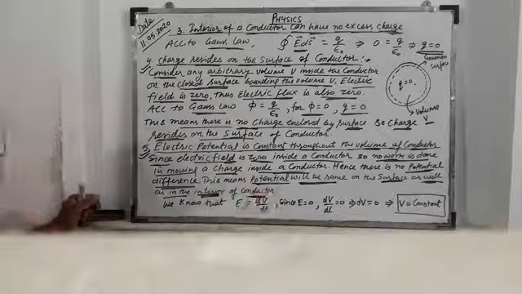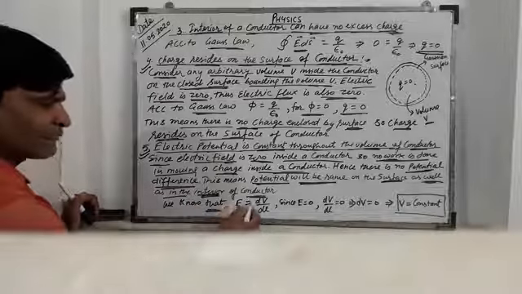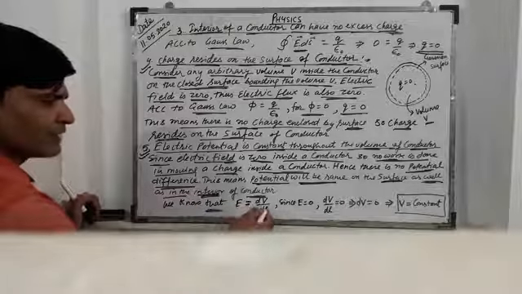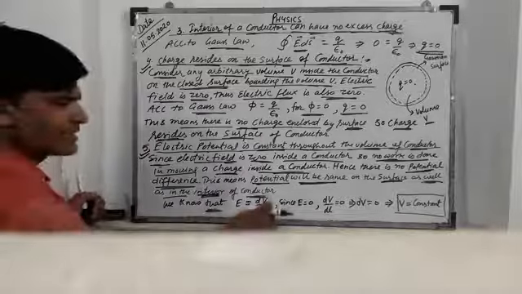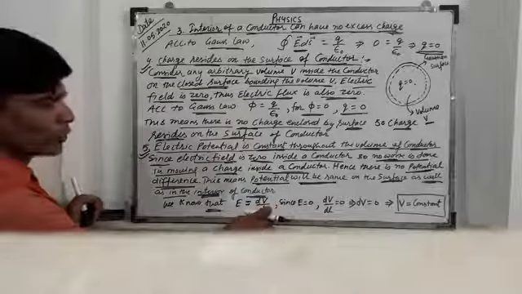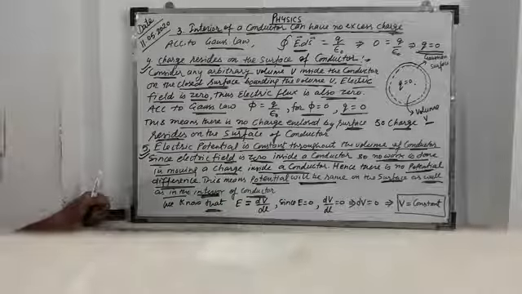of conductor. We know that electric field is equal to dV upon dl, the potential gradient of length.